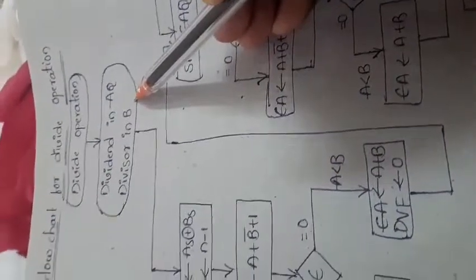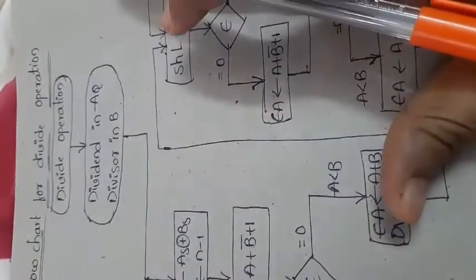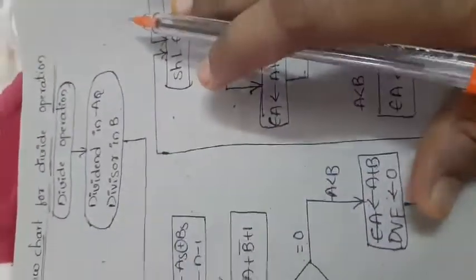After taking these two numbers, first we have to verify the sign magnitudes, whether they are positive or negative numbers. How can we verify that? With the help of the sign magnitudes.